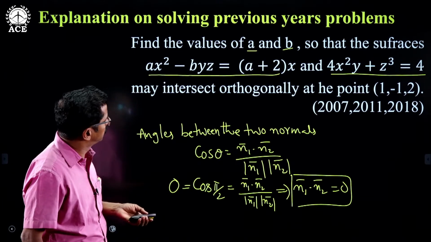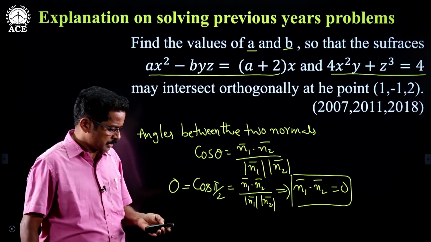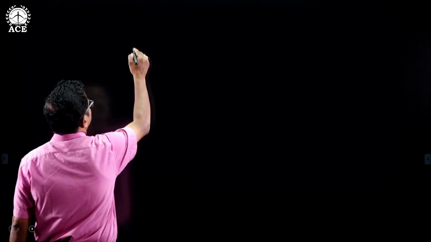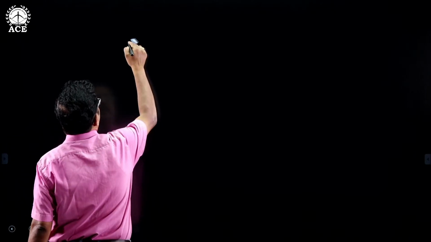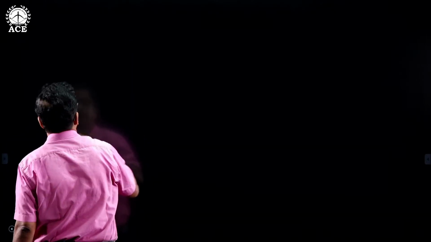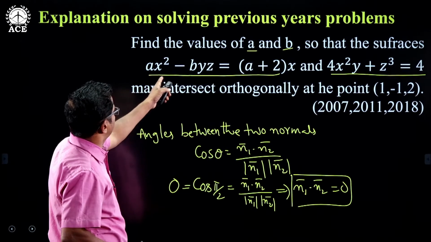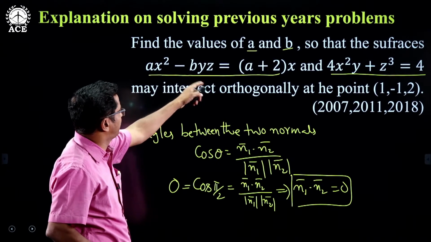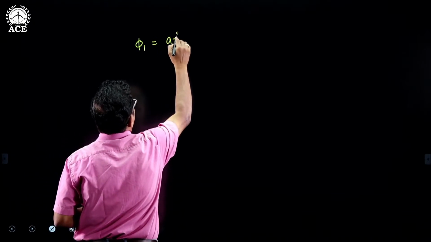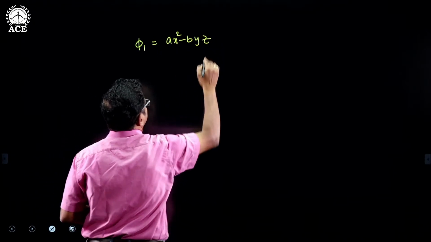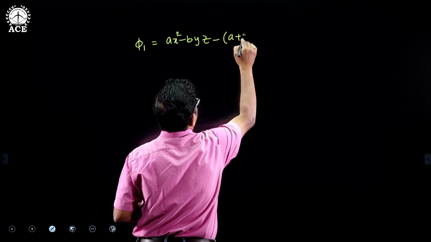Now I am going to evaluate first n1 bar and n2 bar. Now n1 bar, so here I will take first phi 1, the first surface function, that is ax square minus byz minus of a plus 2 into x.